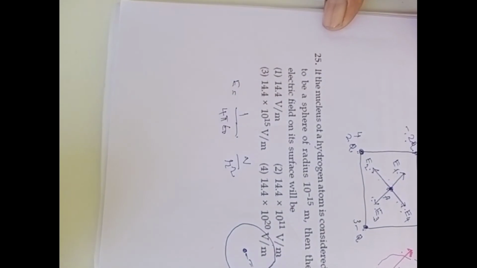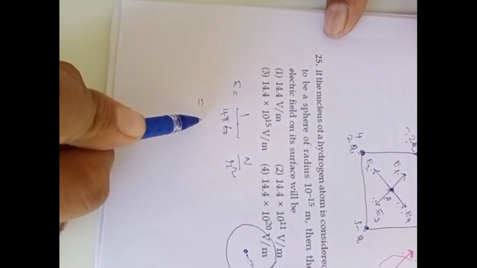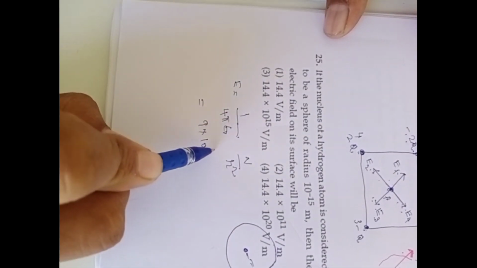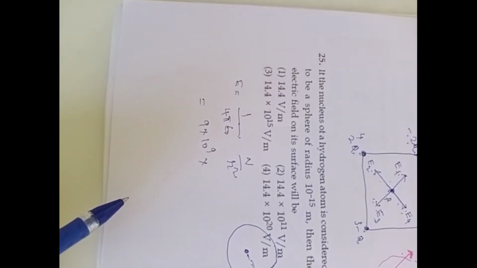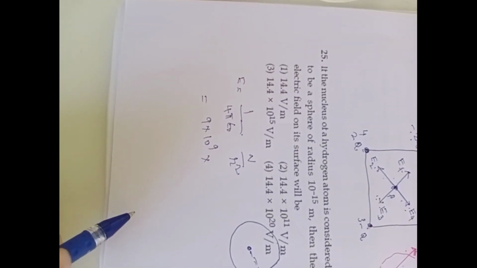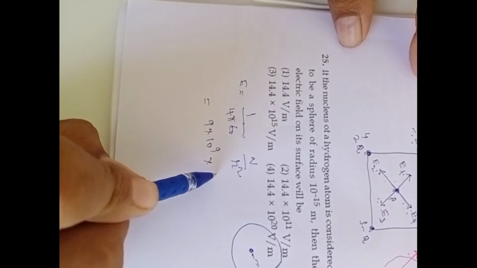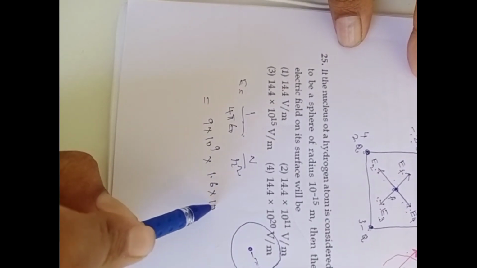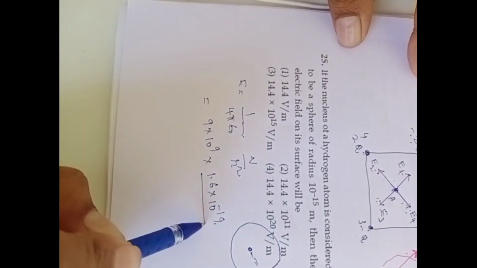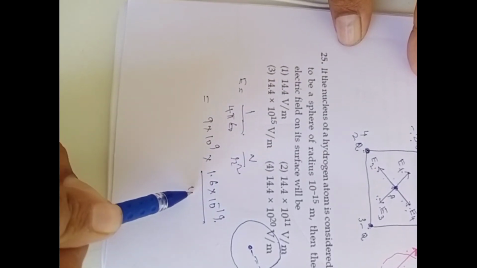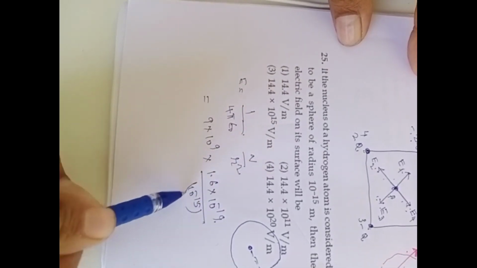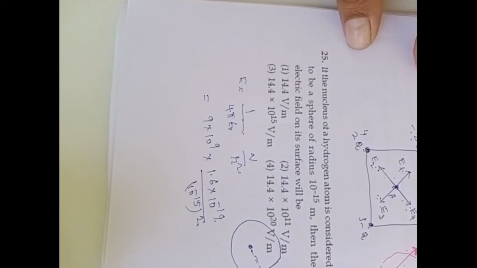This is the formula. 1 by 4 pi epsilon naught, you know it as 9 into 10 power 9. Charge of the proton is 1.6 into 10 power minus 19. Radius is 10 power minus 15 whole square.